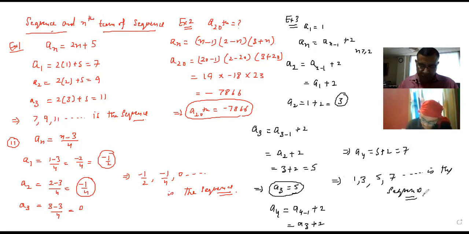So your exercise 1 is of this type only. There is nothing special in this exercise. So by skipping it, I am going to the next exercise, that is called arithmetic progression.